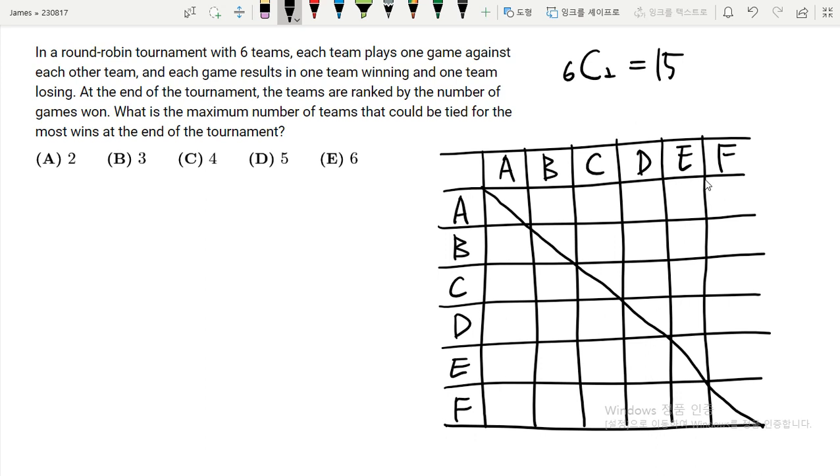That means no wins for one team. So let's sacrifice F. Let's say F lost to all the other teams. So X means loss. That means like this. And in the case of A, let's say A wins against B and C and loses to D and E.